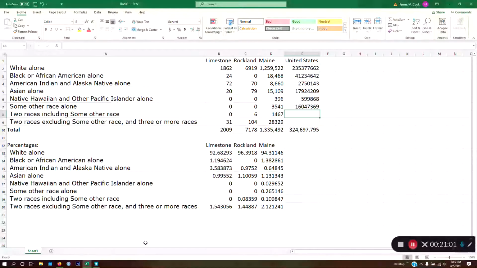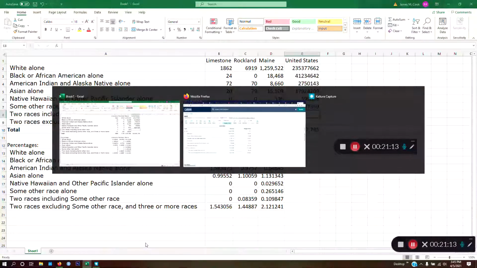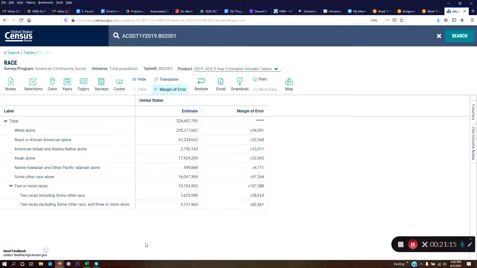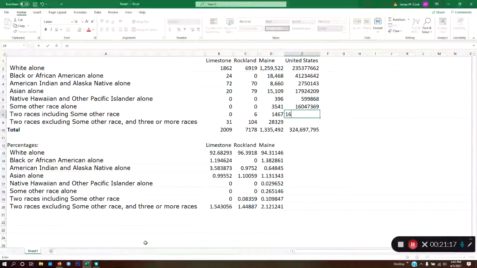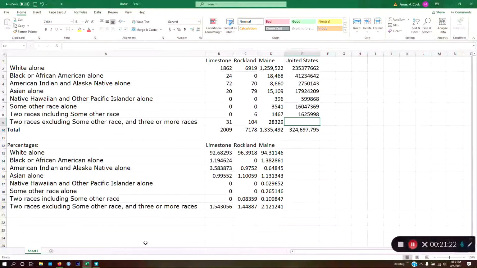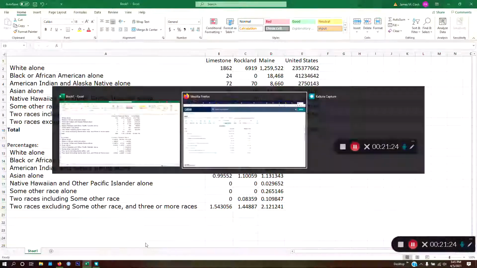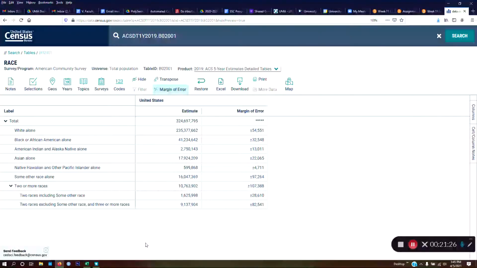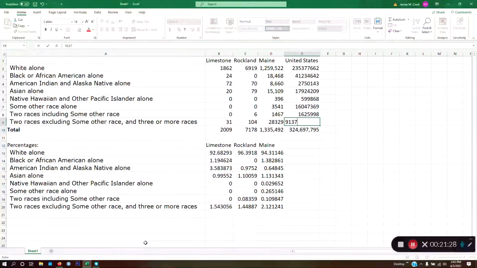right? Which is, again, a process of racial formation. Look at the rest of the lecture and how we talk about Omi and Winant's ideas of racialization and racial formation. That's what produces these categories. Then 2 races, including some other race, 1,625,998, and 2 races excluding some other race, and 3 or more races, 9,137,904.